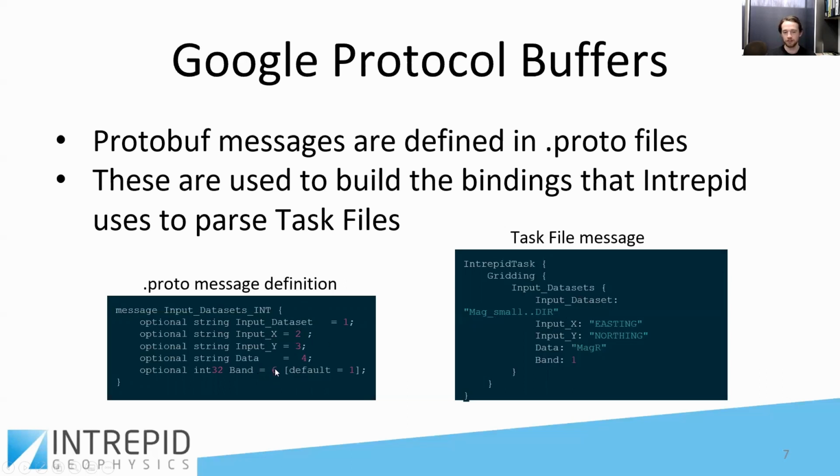You don't really need to know about how to create these messages because they will be done all for you, but you can read this and understand, hopefully, that these are the variables that are available to you in this task file. So these proto definitions are actually in the extras area in the installation. So if you get a chance to have a look at that later, I'll also show you later, but you can view all these definitions there.